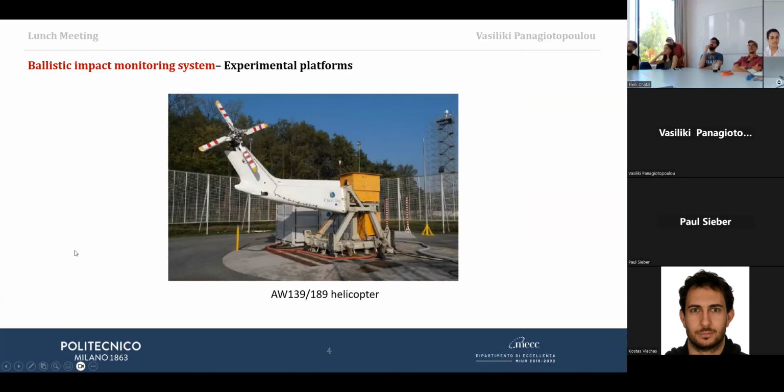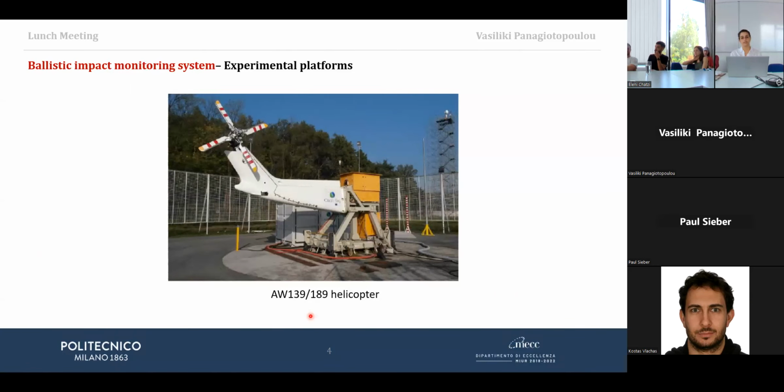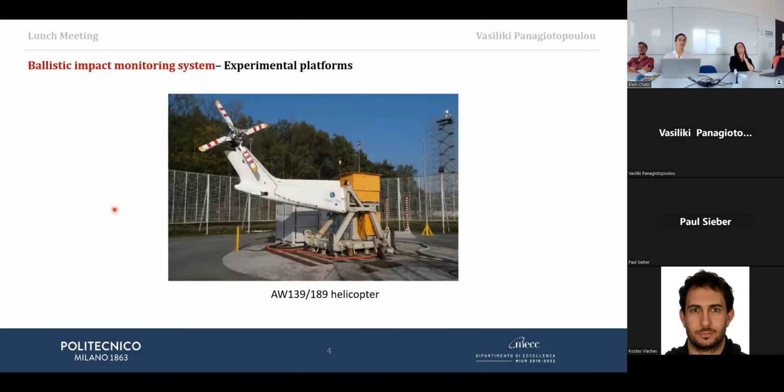This is a representative structure of an Augusta Westland helicopter 139 and 189 if we change some internal mechanical components, such as this oblique shaft. But it's basically a representative model of an Augusta Westland helicopter.